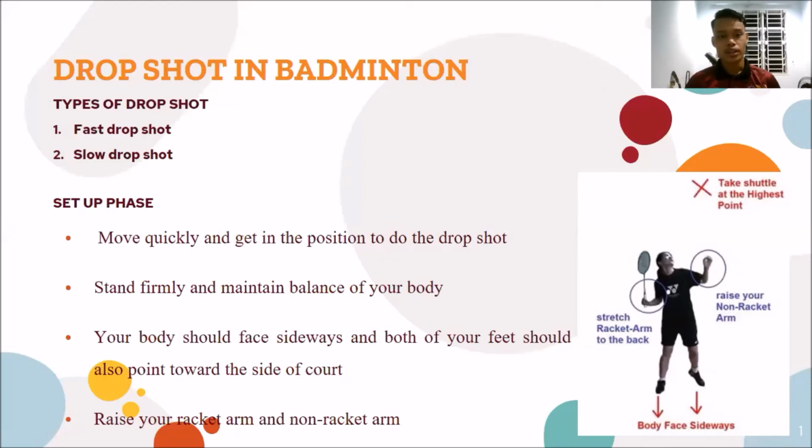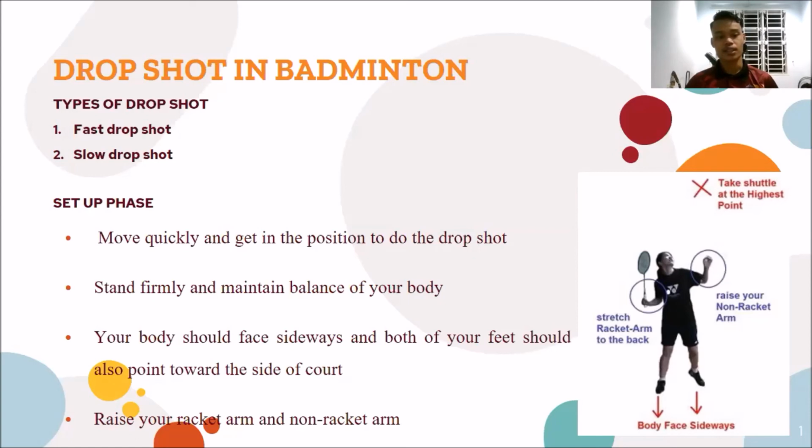Move quickly and get into position to do the drop shot, in a ready position, stand firmly and maintain the balance of your body. Your body should face sideways to make sure of the balance of the body, and both of your feet should also point toward the side of your court.